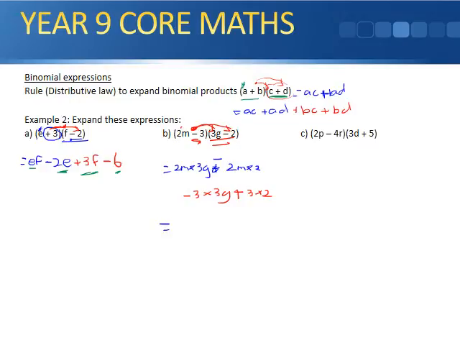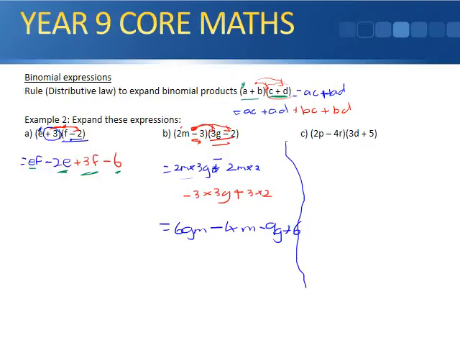The first one, 2m times 3g gives me 6gm. Minus 2m times 2 is 4m. Minus 3 times 3 is 9g. And plus 3 2's are 6's. Now we're going to do this without writing any of the times.